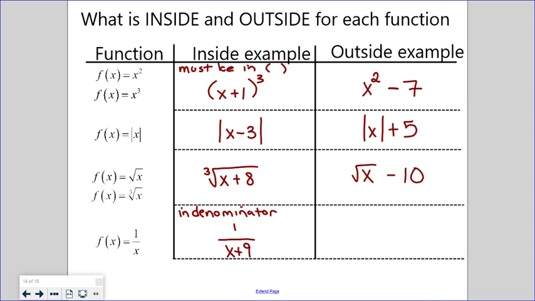If there is something that is outside of a fraction, it would be separate from the fraction. For example, 1 over x, minus 5. That minus 5 would be considered outside of a fraction.